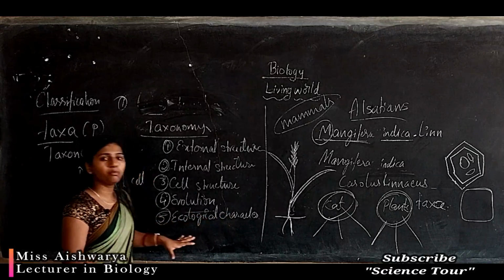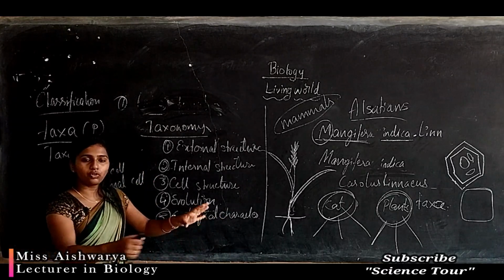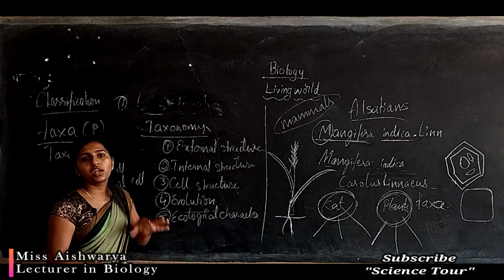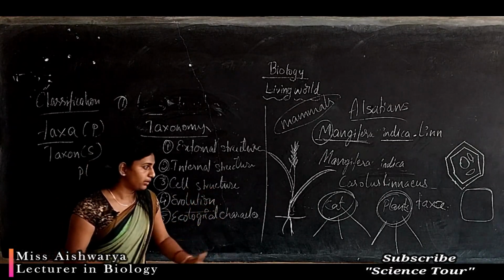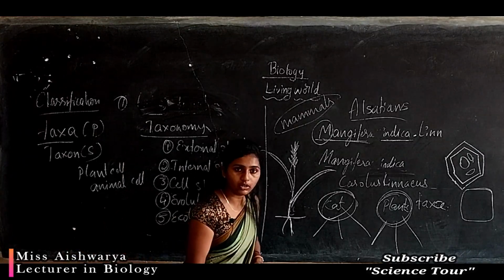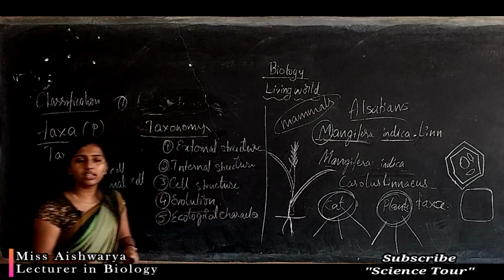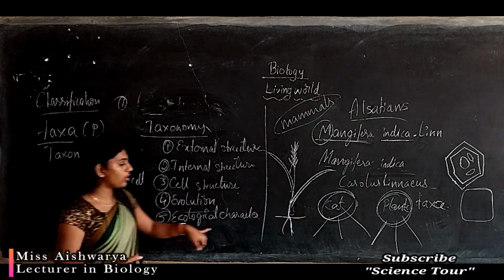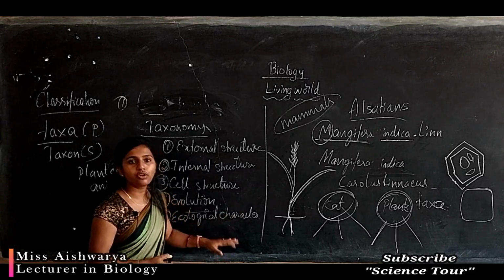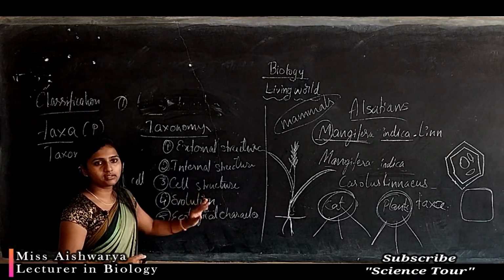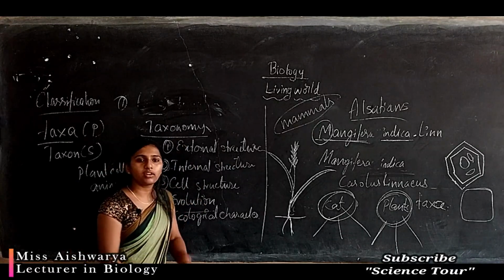That is also very important for the classification. For example, if you take fish, you have to make a group of fish. Only organisms living in a pond or in water we call fish, and they also have a particular structure, right? These are ecological characters or ecological presence. That is also very important for the classification of living organisms.